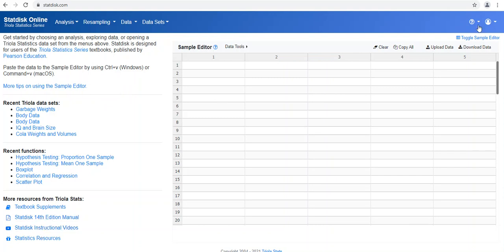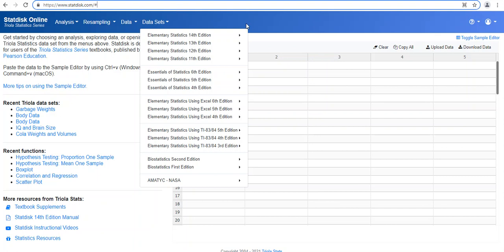This appears on the opening page, but it's also over here on the right. You can get into the user's manual and videos over here also. So we want to get into data sets.